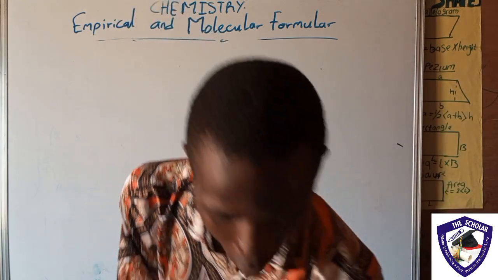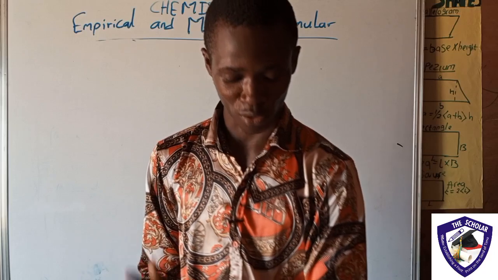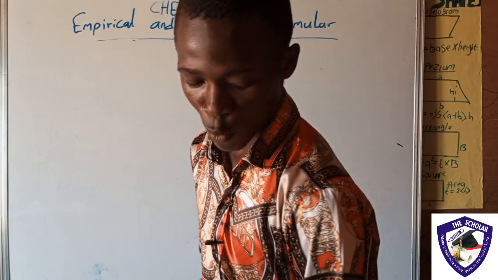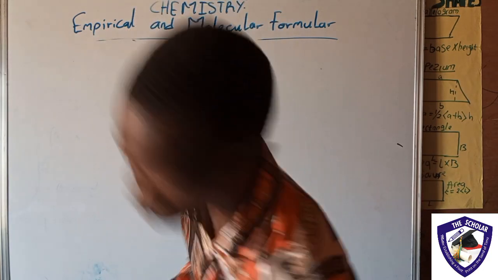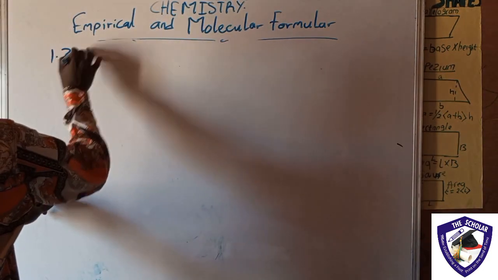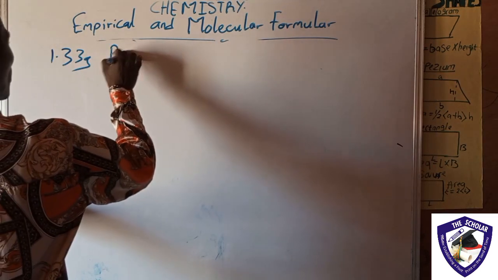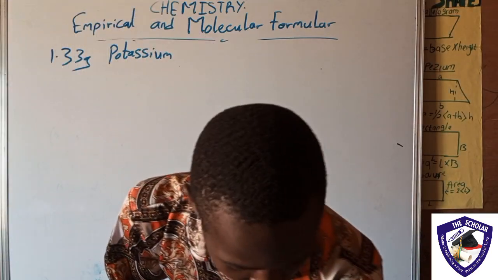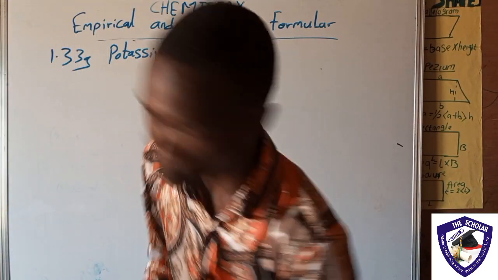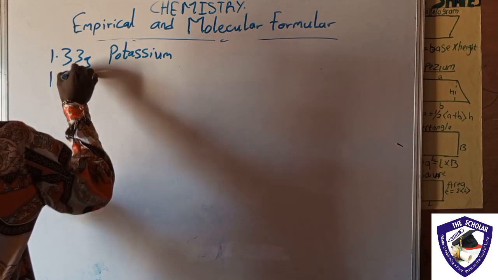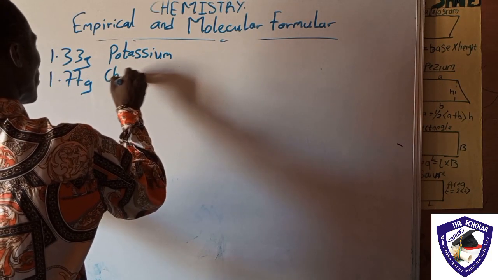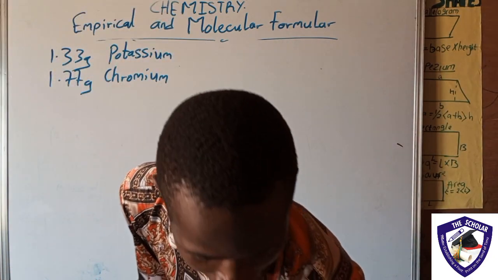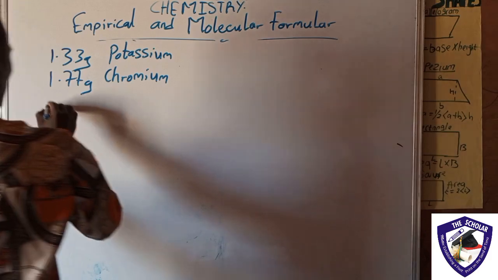A compound has the following compositions: 1.33 gram potassium, that's the first, 1.77 gram chromium, and 1.90 gram oxygen.